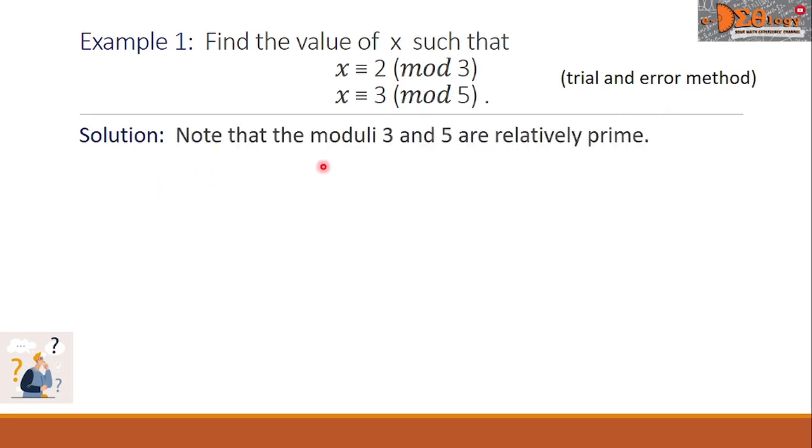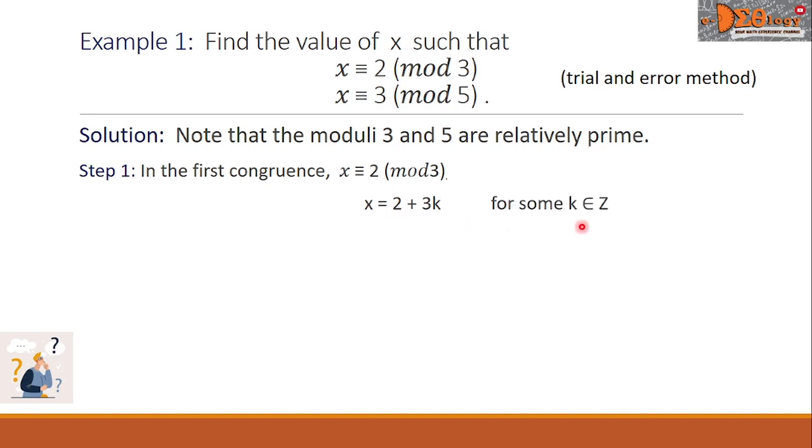First, we're going to note that the moduli 3 and 5 are relatively prime. For step 1, in the first congruence, x is congruent to 2 mod 3. We say that the value of x is equal to 2 plus 3k, for some k, an element of z, meaning k is an integer.